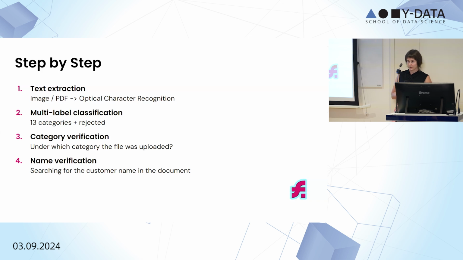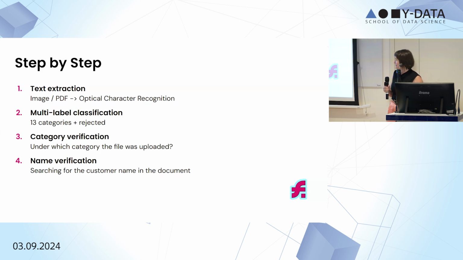Then we need to verify the category of the document. Namely, we need to figure out if the document serves its purpose. If they uploaded it as a proof of employment, then we need to make sure that it's either a bank statement or a work contract. And finally, we need to search for the customer name in this document and to make sure that it appears in the document.